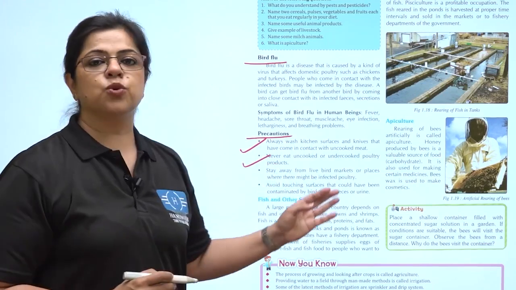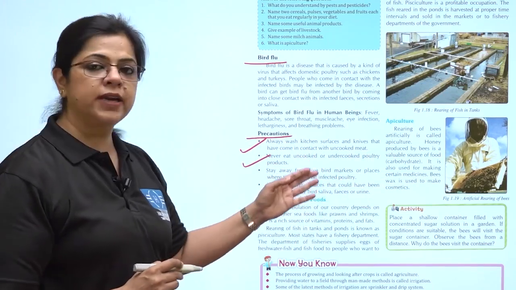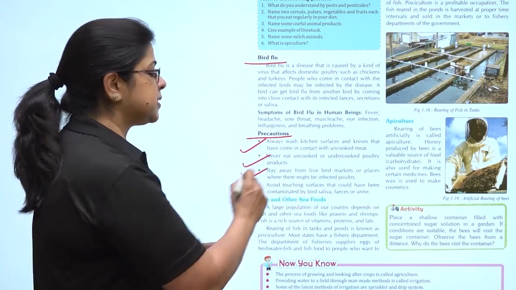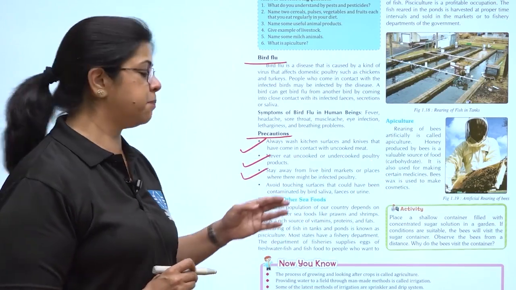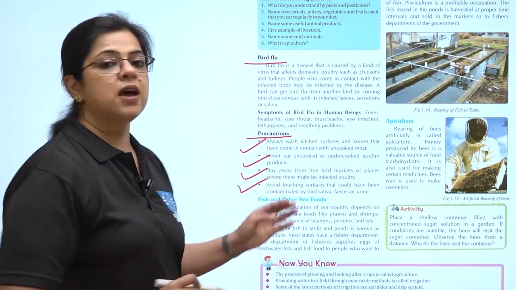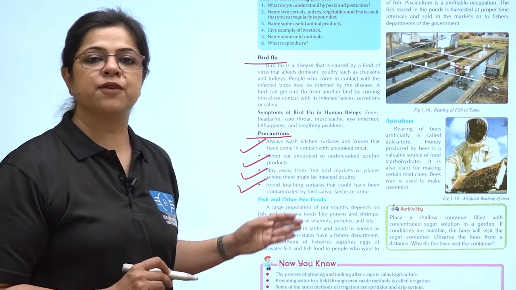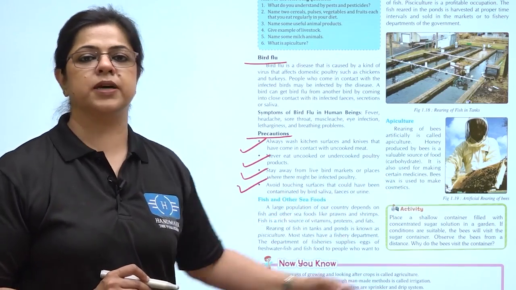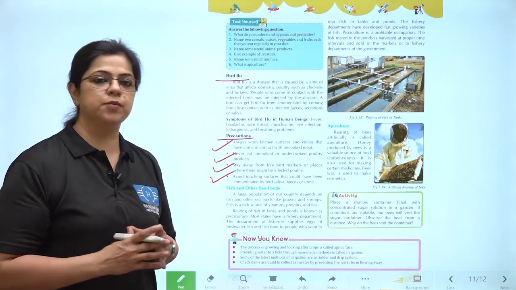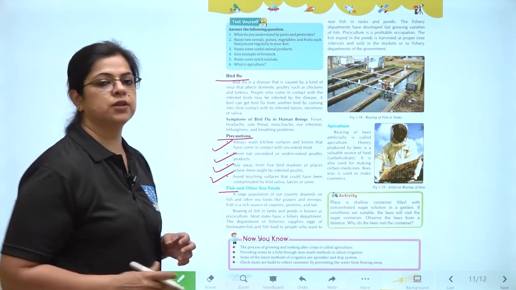Never eat uncooked or poorly cooked poultry. Next is stay away from live bird markets in case they have been infected by bird flu. And the last is avoid touching the surfaces that have been exposed to the saliva, feces or urine of the birds.